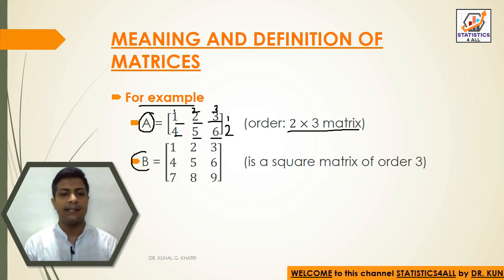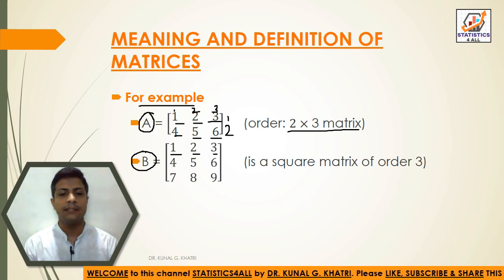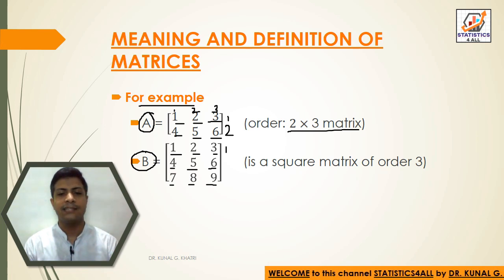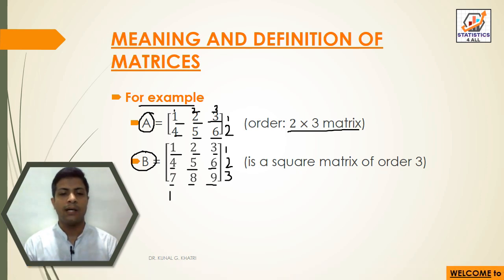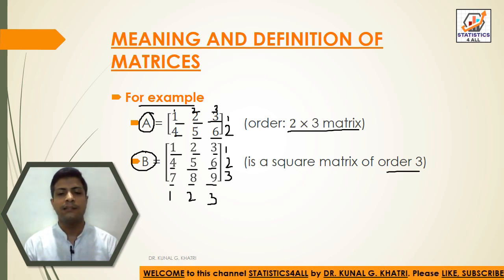Second example, matrix B that is equal to 1, 2, 3, 4, 5, 6, 7, 8, 9. So here we can see that there are total 3 rows 1, 2 and 3 and total columns are 1, 2 and 3. So it is a square matrix of order 3.